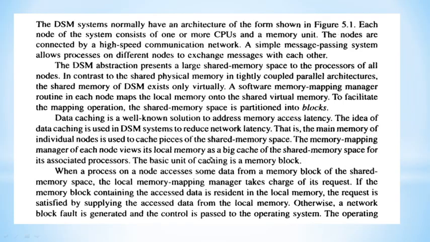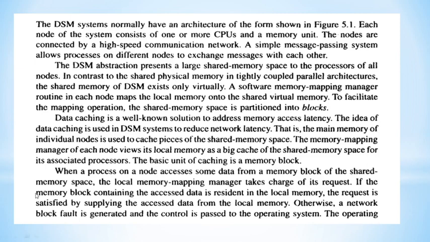Data caching is a well-known solution to address memory access latency. Latency means delay in time. So data caching is the technique where you can access the data items in a quick manner. It also reduces the network latency.